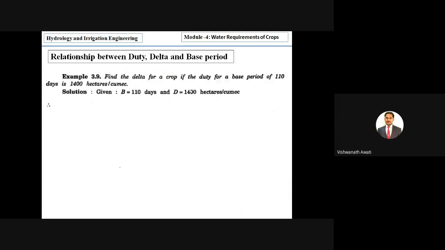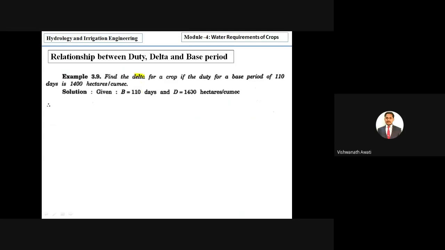Next, we'll solve some problems, right? This problem is not so important, but we'll go through it. Find the delta for a crop if the duty for the base period of 110 days is 1400 hectares per cumec.